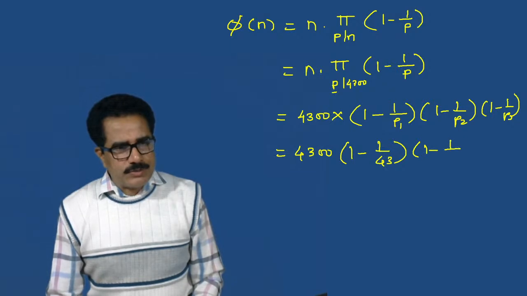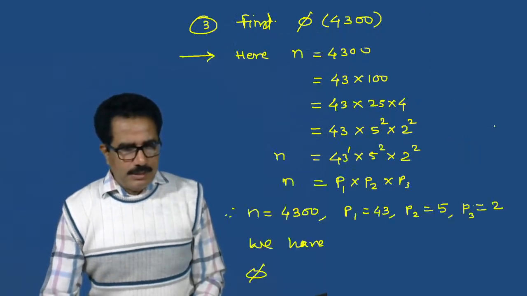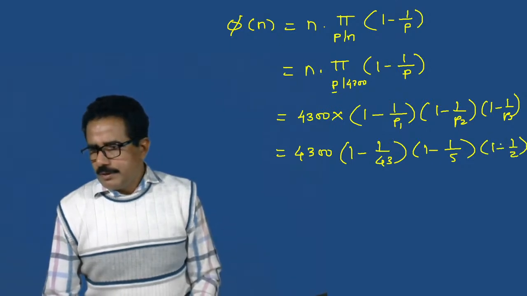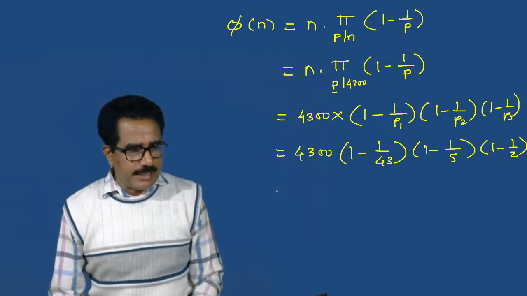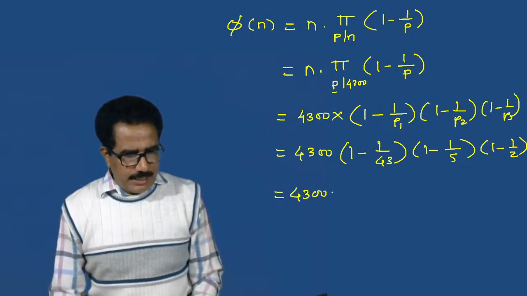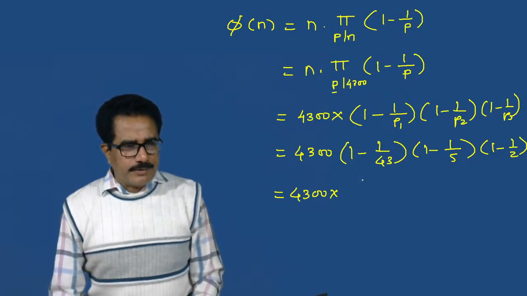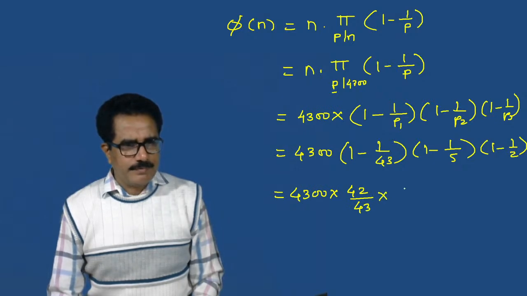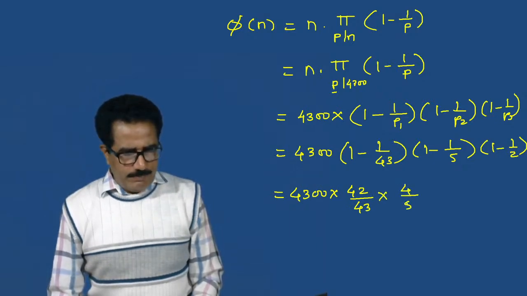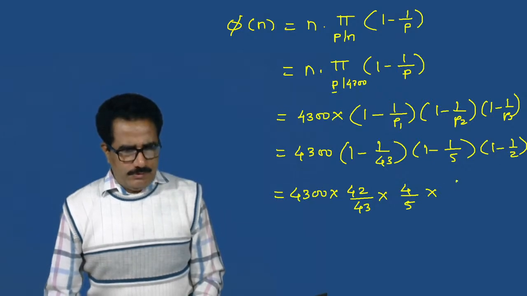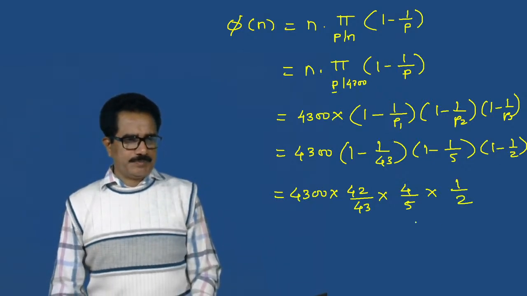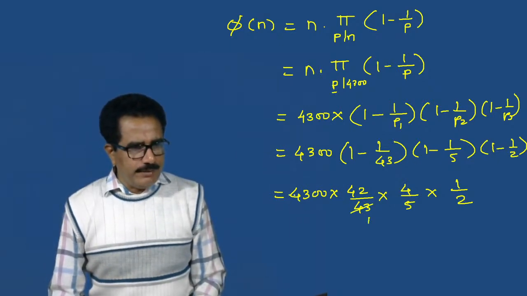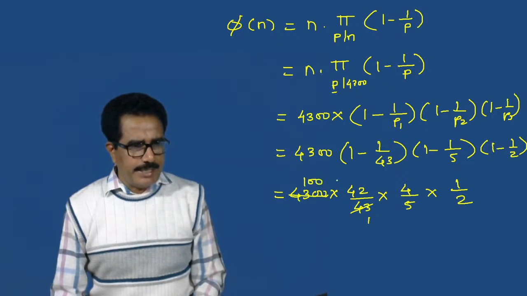So 1 minus 1 upon 5 और दूसरा 1 minus 1 upon 2. हाँ 3 वैल्यूज है, सॉल्व करूया। 4300 into क्रॉस मल्टीप्लिकेशन करा 42 डिवाइड बाय 43, 4 डिवाइड बाय 5, 1 डिवाइड बाय 2. इथं किती येईल पहा, 43 1 the 43, इथं येईल 4300.